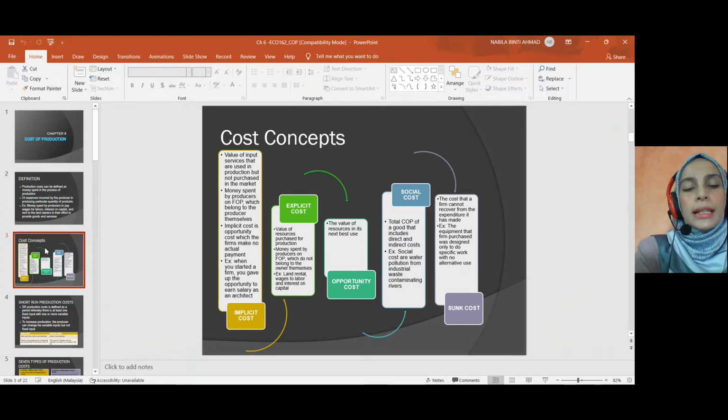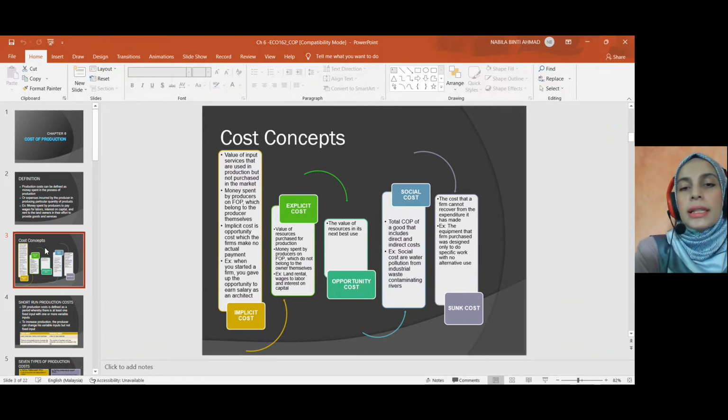So RM5,000 gaji itu kita dah tak dapat. So 5,000 itu merupakan implicit cost. Sama juga quality of leisure time, time to find for substitute goods, contohnya. Implicit cost ni dia tidak melibatkan actual payment, right?